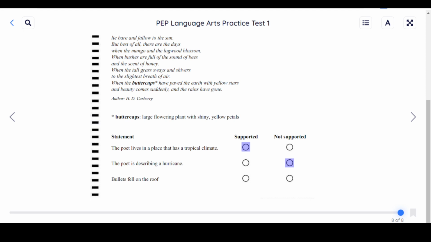So the author wants us to think about what the rain is like, maybe what it sounds like when it starts to rain and hits, for example, a metal roof, right? A zinc roof.